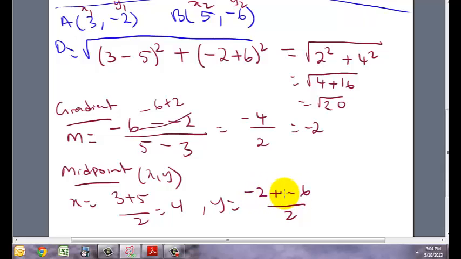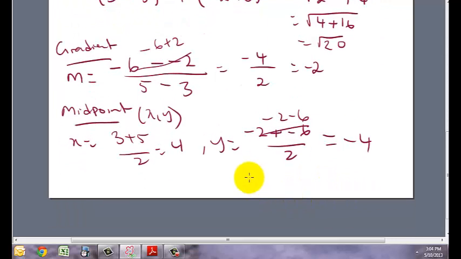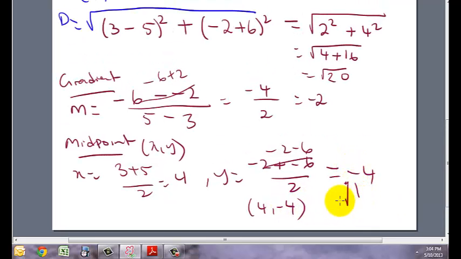Plus minus is still minus, right? So that's minus 2 minus 6 pretty much. Minus 2 and you minus another 6 is minus 8. Over 2 is minus 4. And your midpoint is therefore 4, minus 4. Yeah, I've never been good at drawing.